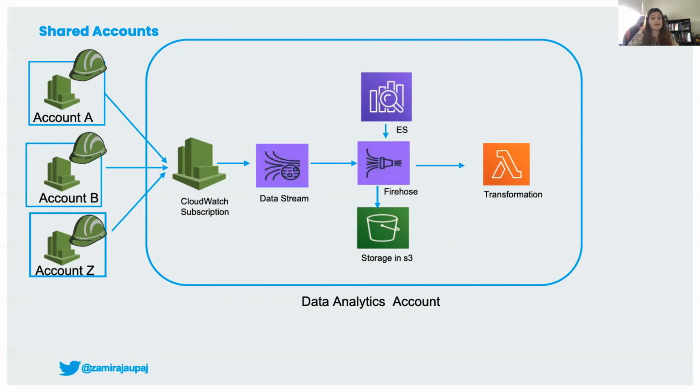Also, we have CI/CD accounts where we have continuous integration, building and deploying the application, and we want to make sure that we collect all the logs from the application, infrastructure logs, database logs, networking logs, etc. We collect all the logs in each account in CloudWatch, in a specific account, CloudWatch destination, and all the logs are shipped through a CloudWatch subscription to a centralized or data analytics account for operations or analytics purposes.